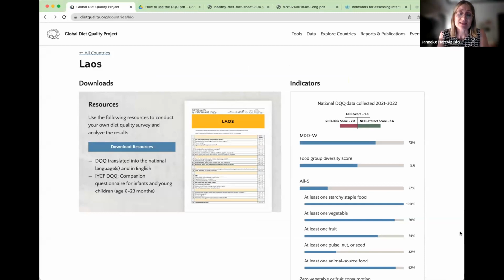And since then, the data was analyzed and we have been using it for a number of things. First of all, we undertook also, with the support of the DQQ team, a more detailed report that helped us to also reflect on the policy implications associated with some of the findings from the DQQ.